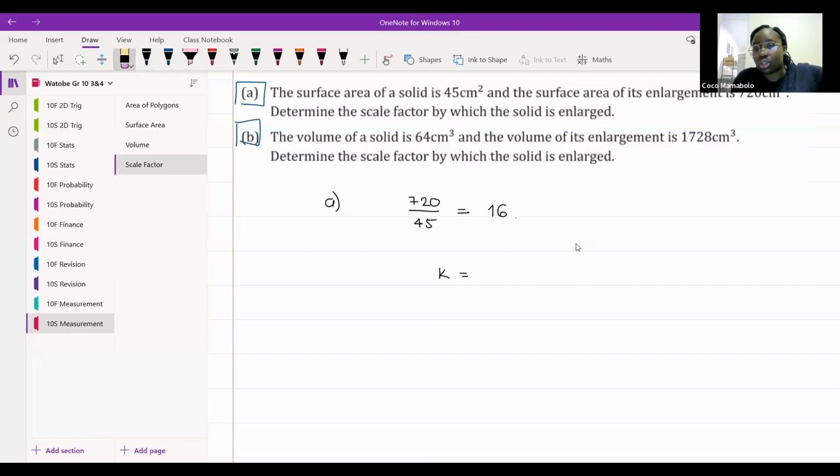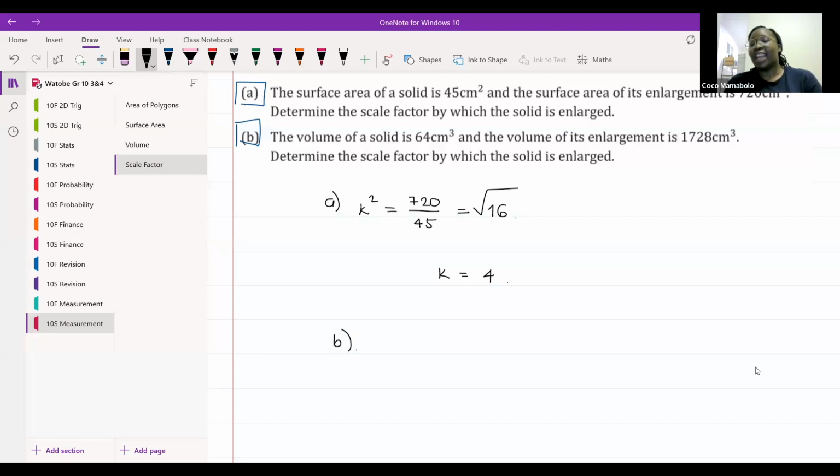So we need to take the square root of this answer, which means our scale factor is actually 4. All right. Beautiful. Thank you, teacher Nels. K squared is equal to 16, not K. Good. I feel like teacher Nels is going to teach this class one day. I'm going to take a break and she'll teach.